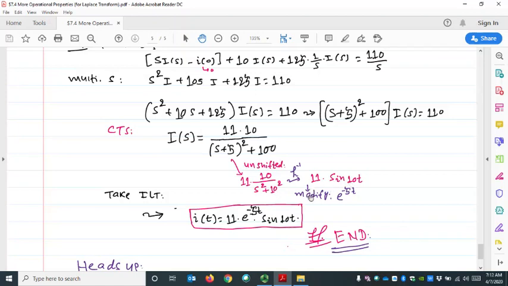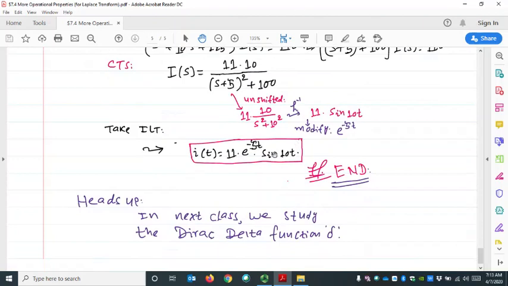Then modified by this 5, we multiply by e to the power negative 5t. So our final answer is the current equals 11 times e to the power negative 5t times sine 10t. Great. So we finish this section.